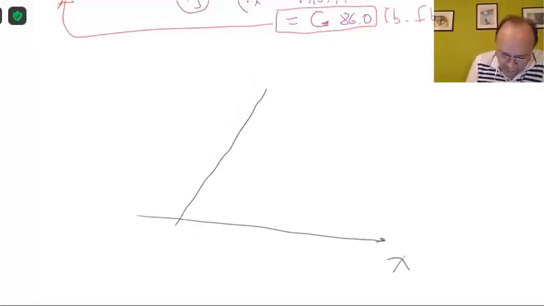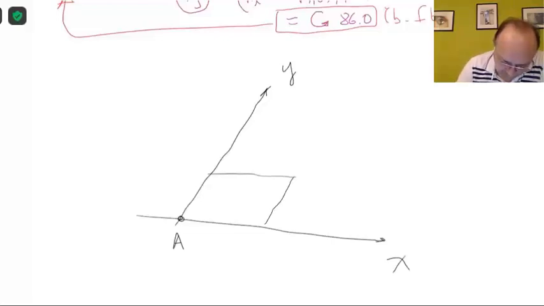If we have a point, let's say point A here, and a force that goes from this point here to this other point here. This is the force F, and we are calculating the moment that this force makes with respect to point A.